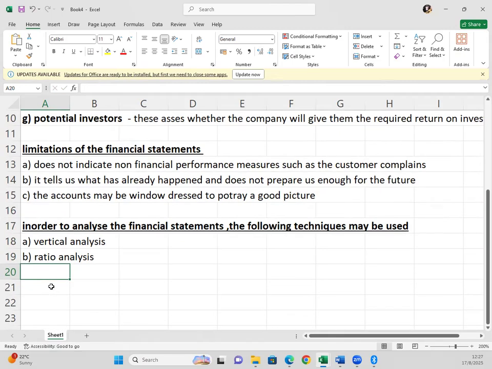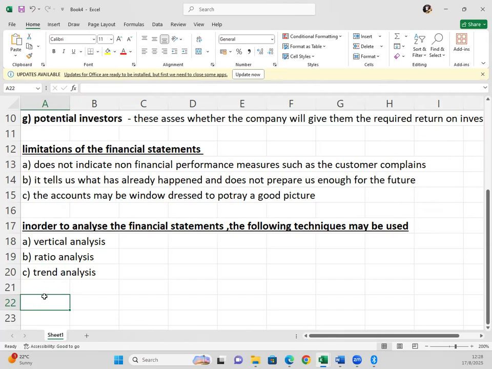Or we have the trend analysis. The common one we're going to talk about in detail is the ratio analysis. The vertical analysis and the ratio analysis are actually related. For the vertical analysis, we express the performance as a percentage.